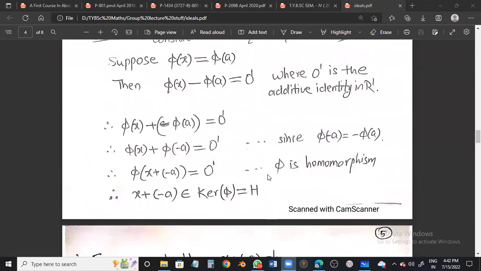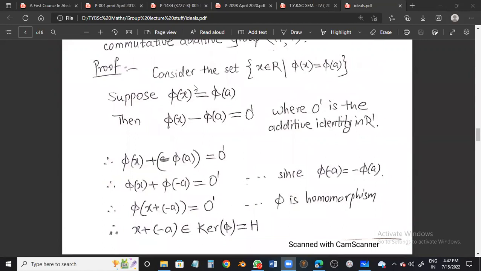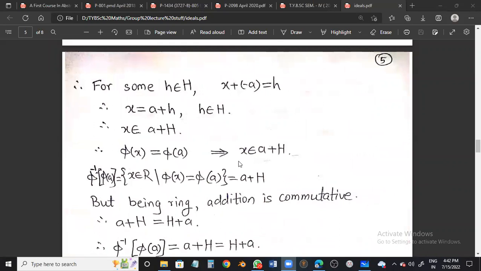So all those elements for which images are equal to phi of a, those elements are nothing but members of a plus capital H. So we have shown here that phi of x is equal to phi of a itself, means x is a member of a plus H, the coset of H. So phi inverse of phi of a means this set is nothing but a plus H. But it is a ring, and ring, you know, it is commutative for addition.